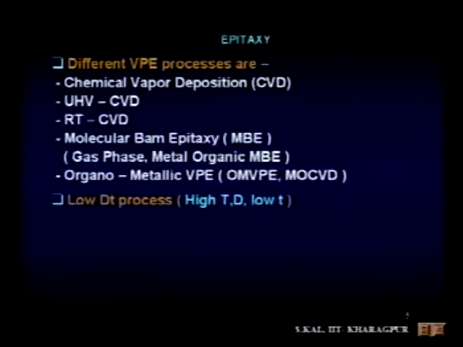But when you talk about epitaxy, so then the film which you are going to deposit on substrate, so that film must be of the same crystalline quality on which you are making the film or the substrate, in particular in case of homoepitaxy or pseudo homoepitaxy. Okay. Now, again the VPE process must be low DT process, low DT process. That means that D stands for diffusion coefficient, which is a function of temperature, and small t is the time.